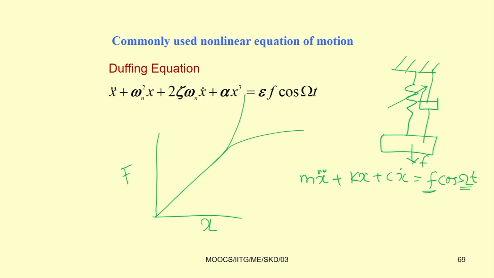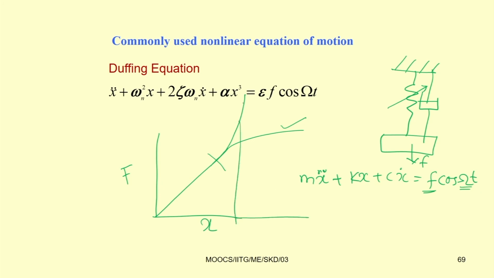This is nonlinear. In this case the characteristic of the spring is nonlinear. Up to a certain length the spring force is proportional to displacement, but after that it is no longer proportional to displacement.